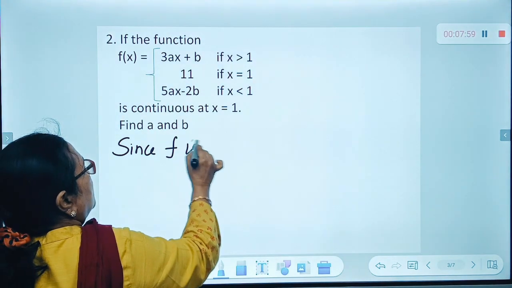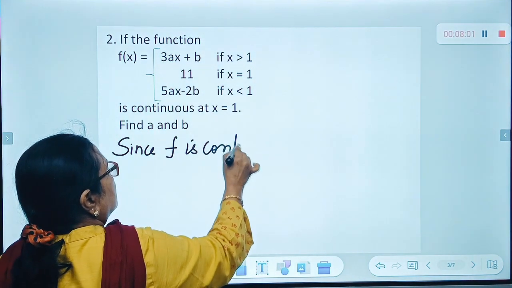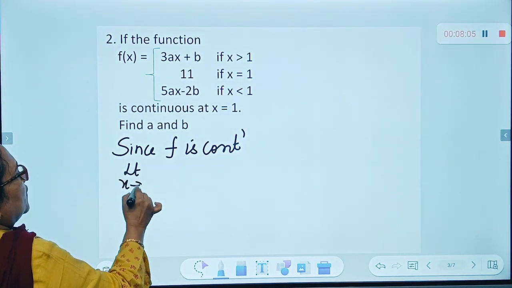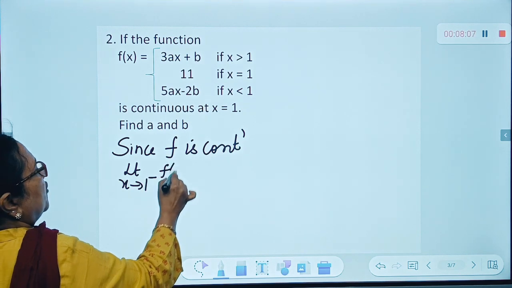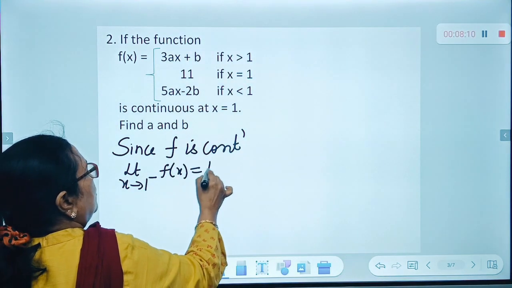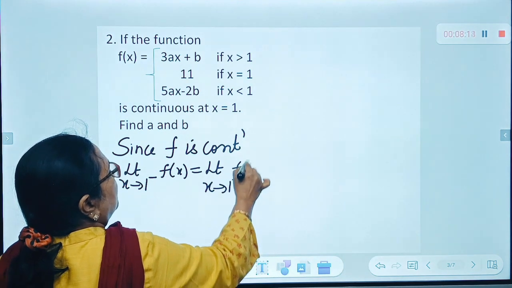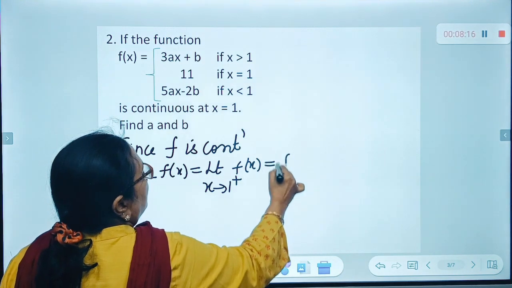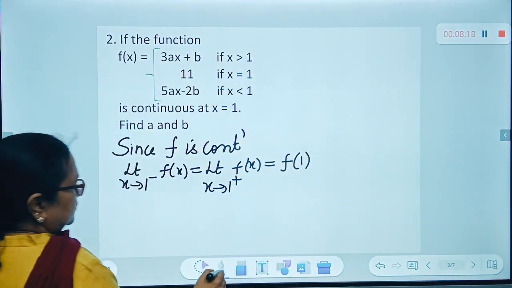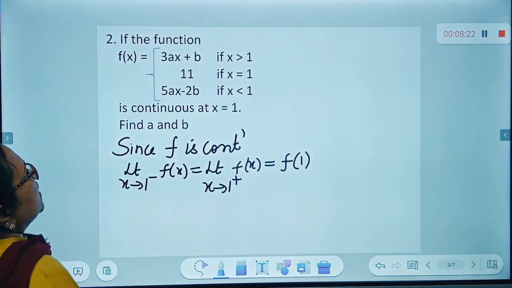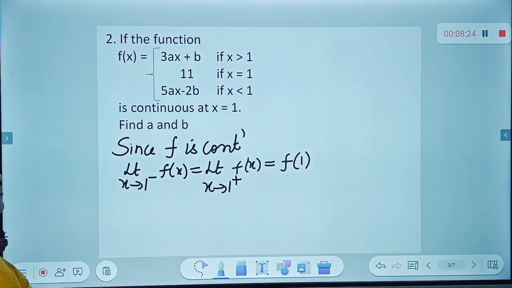f is continuous, limit x tends to 1 minus of f of x is equal to limit x tends to 1 plus of f of x equal to f of 1. Now what is limit x tends to 1 minus of f of x?